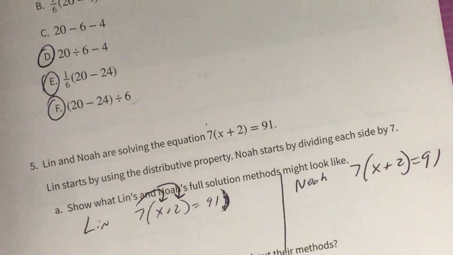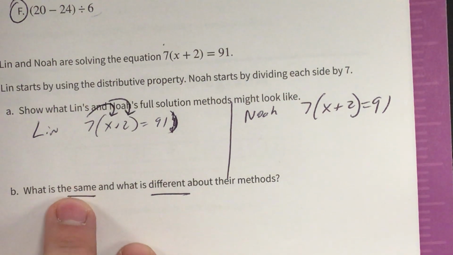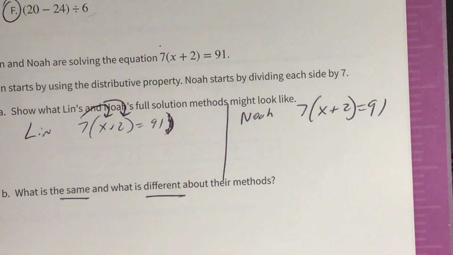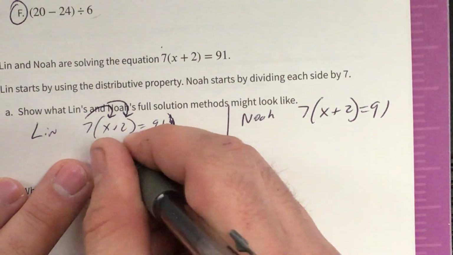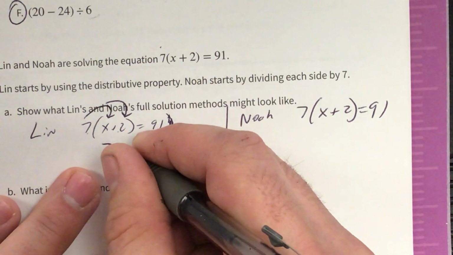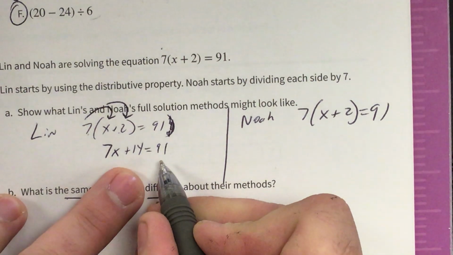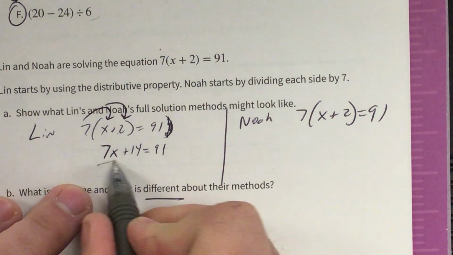Question number 5. That's just like that example we did before class that I told you to put in your notes. Very similar. Show 2 ways. Lynn distributed, all right? So, Carson, 7 times x. 7 times 2. 14. Remember our first step here? 91 divided by, no. Nope, don't touch this first.